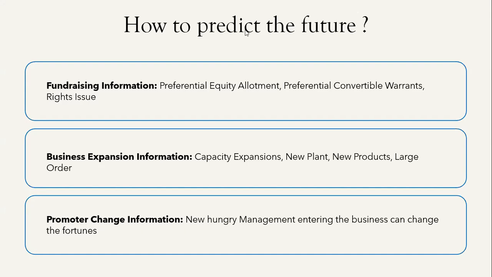Well, the most certain is large order. In a large order, you have already got the order, so there is no need for a buyer's presence, because the buyer has given the order. In capacity expansion you will still need a buyer. Most likely a buyer will be found, so it should not be a problem. But the most certain is large order.